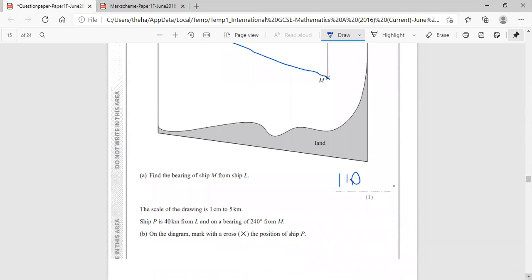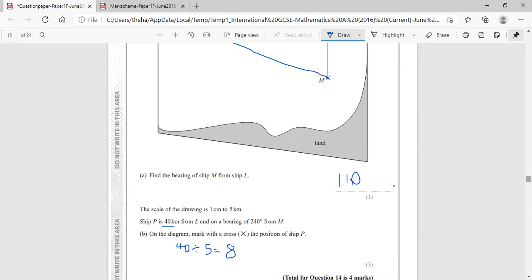Something we can first find out is that ship P is 40 kilometers away, so to find out how many centimeters that is, we'll do 40 divided by 5. That will tell us how many centimeters there are. The ship is away from ship, sorry, from L actually. So it's 8 centimeters away.